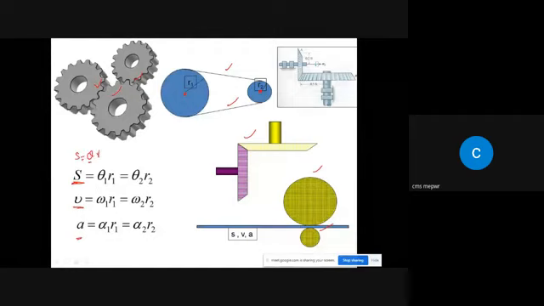We can write it for any two objects, object 1 and object 2: theta 1 r1 should be equal to theta 2 r2, omega 1 r1 is equal to omega 2 r2, and similarly alpha 1 r1 is equal to alpha 2 r2.